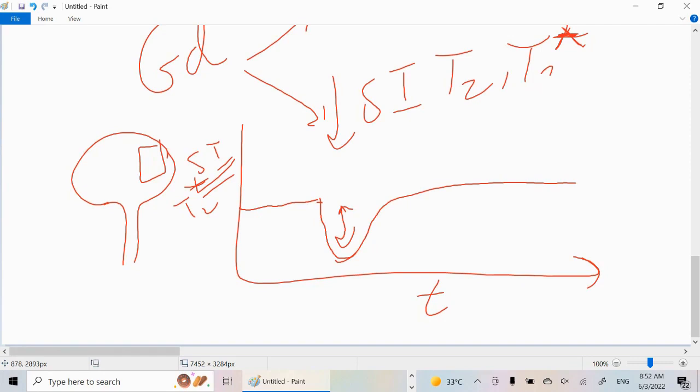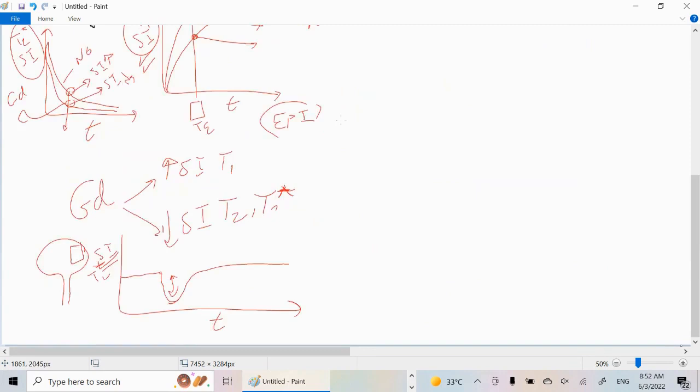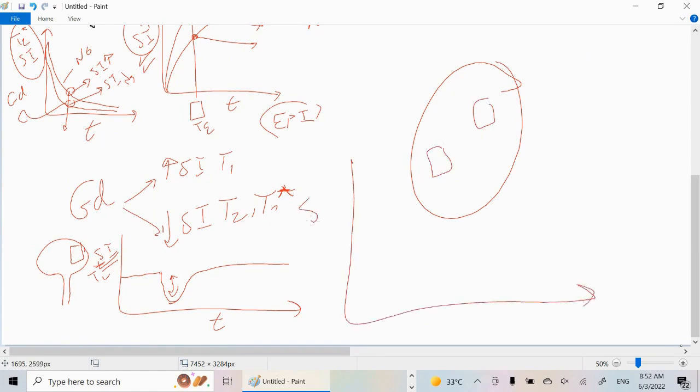Well, if the contrast agent is slightly lost, the signal intensity will decrease by a lesser amount. Let's say I have an image like this, and I have a voxel here and a voxel here. Let's compare the signal intensity of the two.